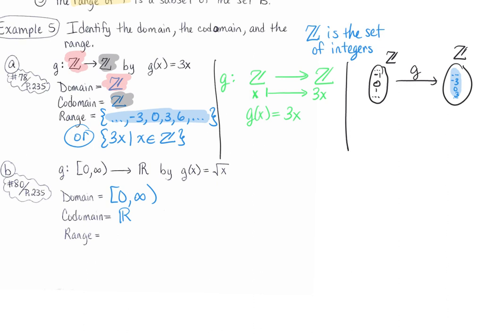So now we need to be able to write that. So it's the set of all x. What does that mean? Such that, good, x is greater than or equal to what? 0, very good. Or, in interval notation, what?